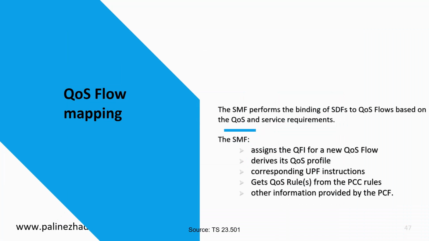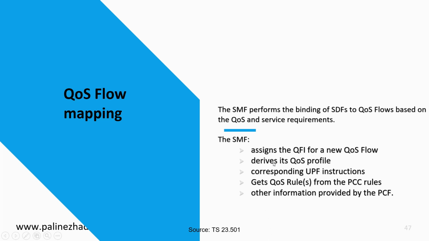Now, let's see how this signaling is done to do the mapping. The SMF performs the binding of SDFs to QoS flows based on the QoS and the service requirements. The SMF does these tasks by these five options.